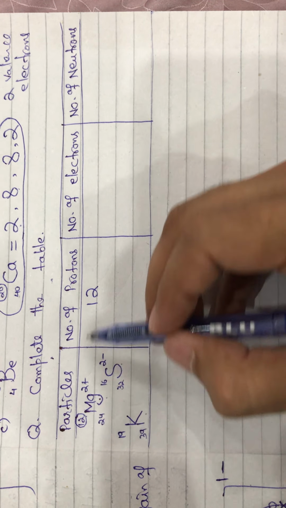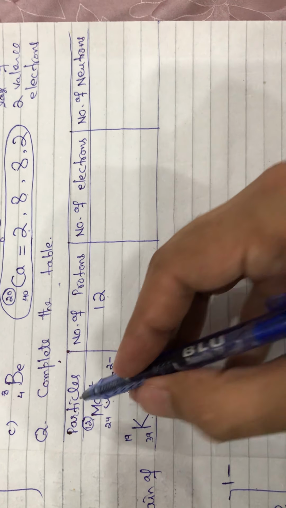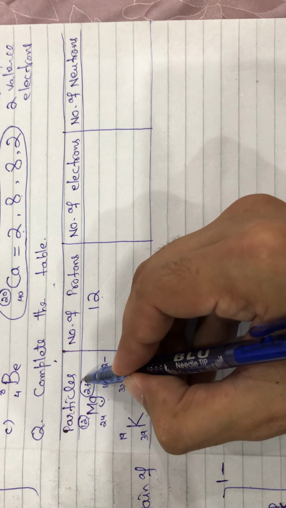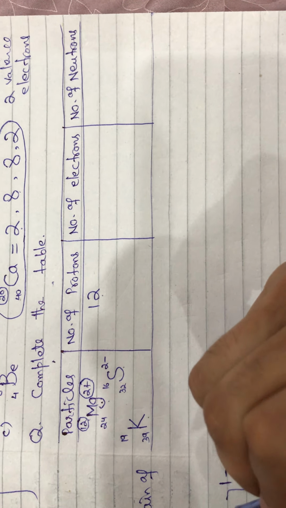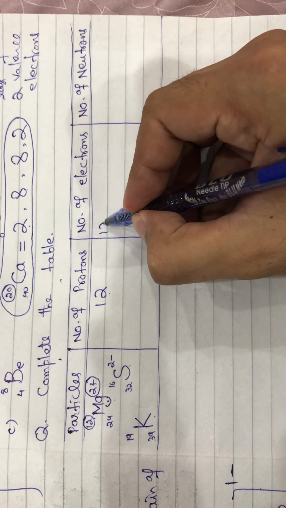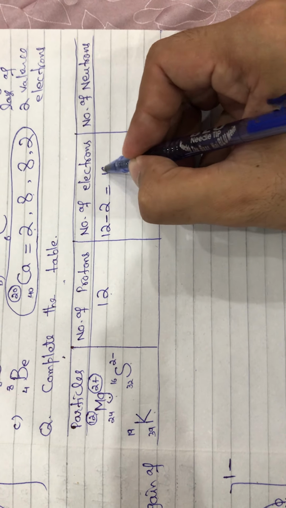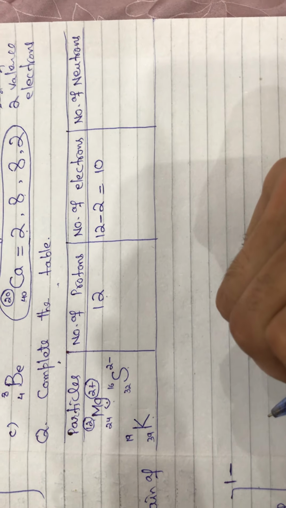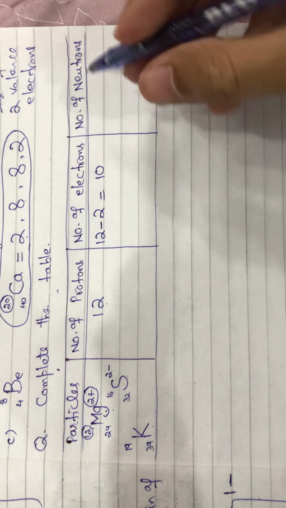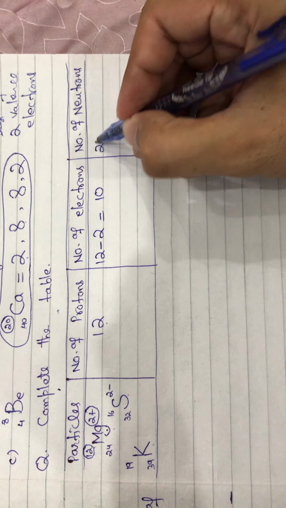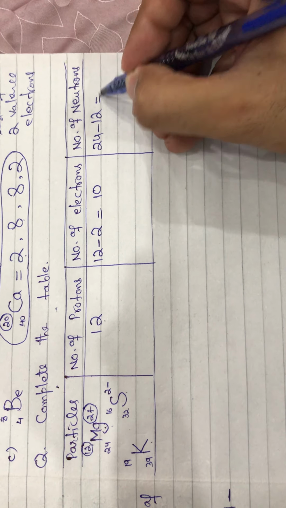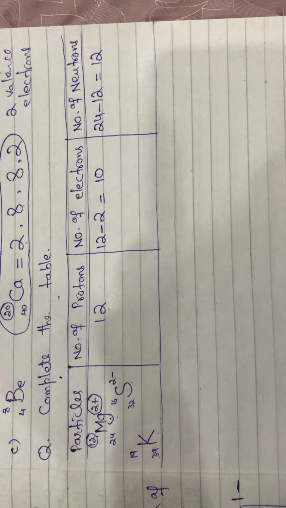Number of protons equals number of electrons, but the 2 positive charge tells us that it has lost 2 electrons. So how many electrons are left? 12 minus 2, 10 electrons are left in the magnesium ion. And how many neutrons? Atomic mass minus atomic number, the answer will be 12.